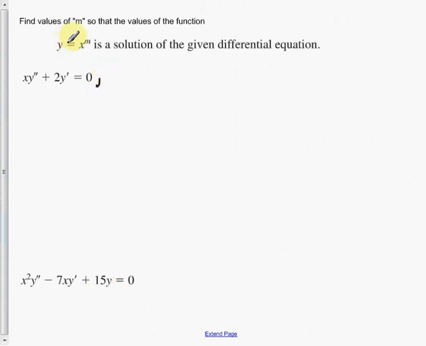So here, y is equal to x to the m. So again, we assume y equal to x to the m is a solution type.